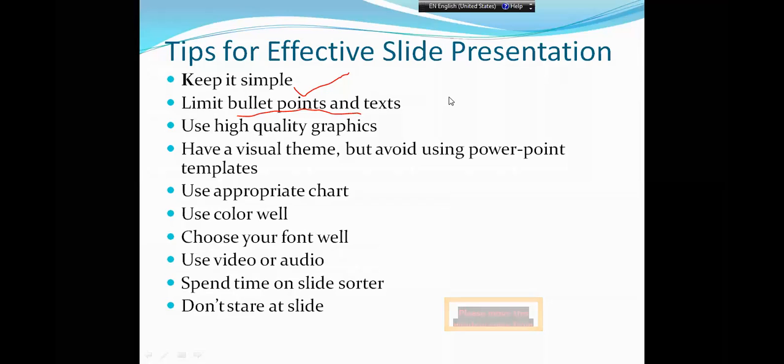Have a visual theme, but avoid using PowerPoint templates. Means bharsak, while talking about the slide you have to give the pictorial description हुनु पर्यो तपाईको ल्याङ्ग्वेजमा भरसक सकिन्छ भने you have to show everything information in picture not a word.